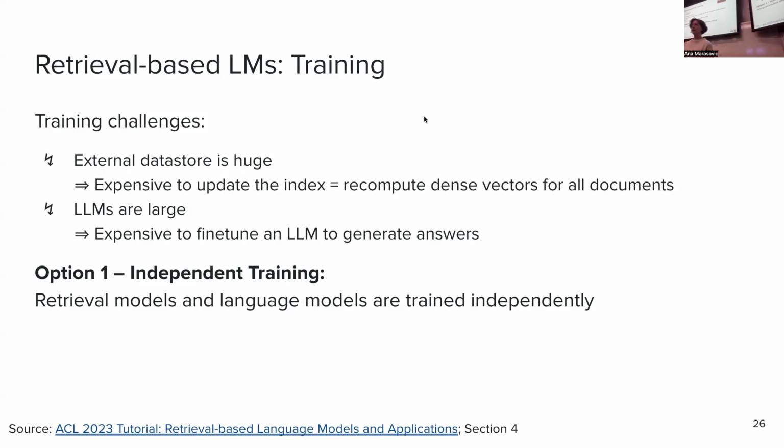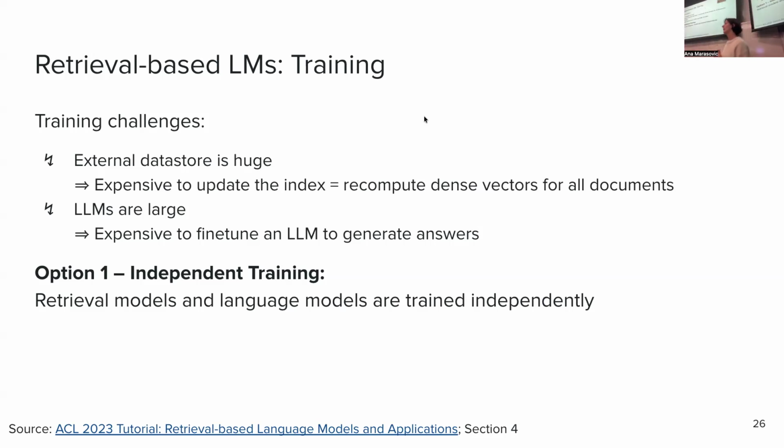So that would be independent training. At test time, we use the retrieval to get the relevant documents and put them as input to the answer generation or extraction. So at the end, they work together, but during training, they have never worked together.